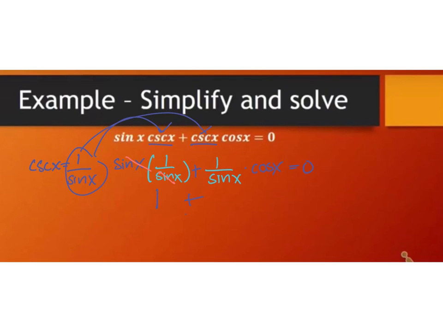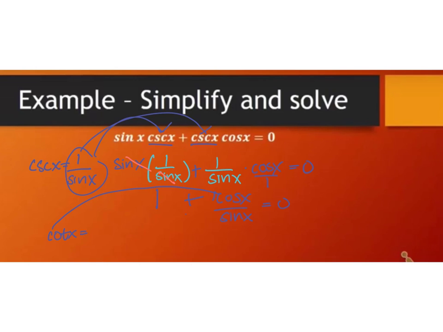And then here, if we were to multiply these out, I can put a 1 underneath cosine. If we multiply our numerators together, we would have cosine of x over sine of x is equal to 0. Again, that one should look familiar. That's our cotangent identity.